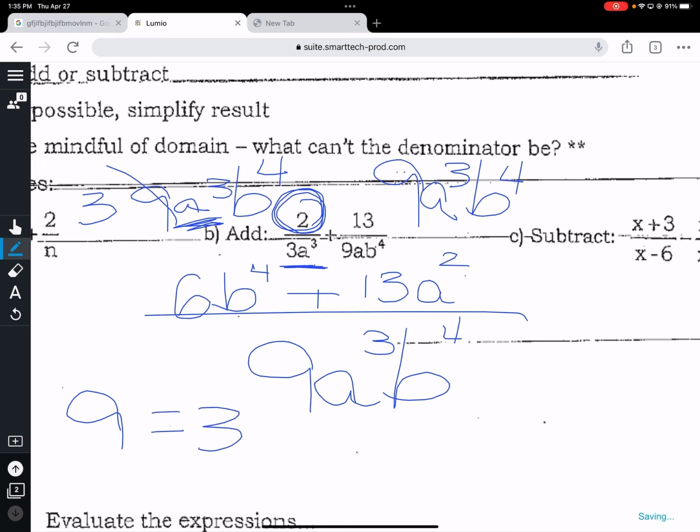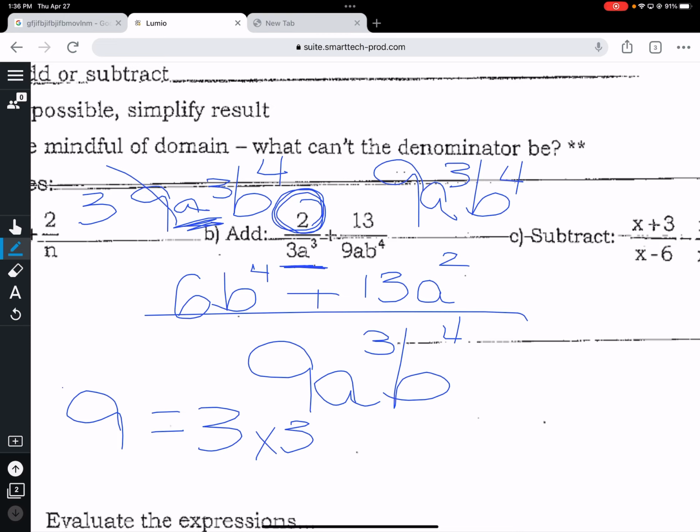How do I get to 9? Multiply by 3. Whatever I do to the denominator, I have to do to the numerator, right? So I'm going to say 3 times 2. Are you with me? So 3 times 2 is 6.